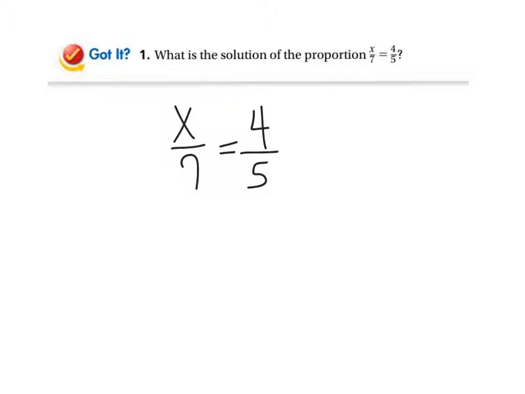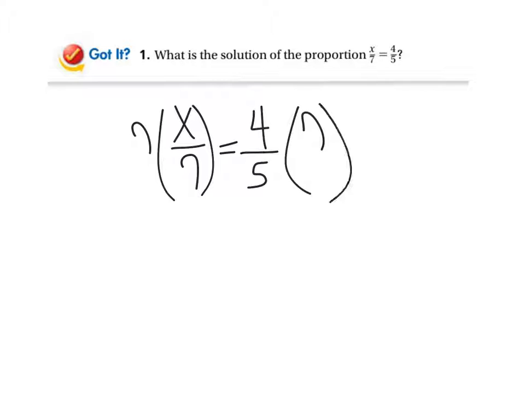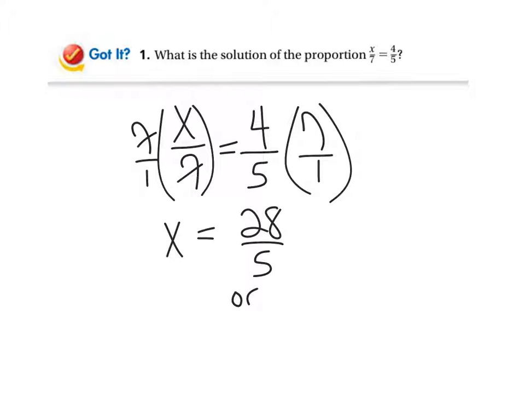We can just say the variable is being divided by 7, so we can multiply by 7 on both sides. That's like 7 over 1. And so that would be 28/5. That's reduced, so you can leave it like that if you want. Otherwise, you can change it to a mixed number as 5 3/5.